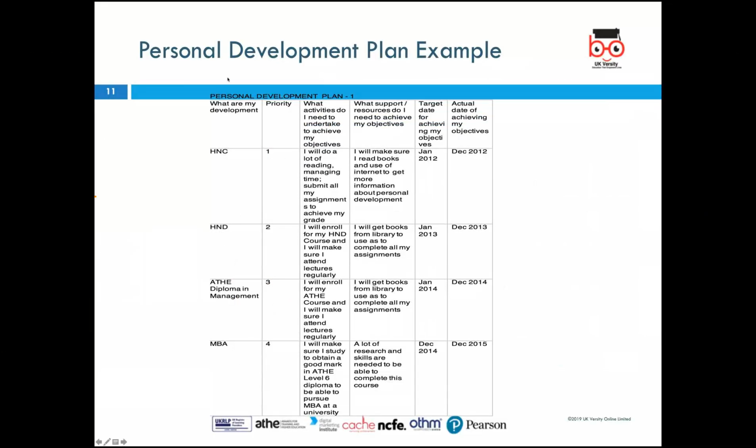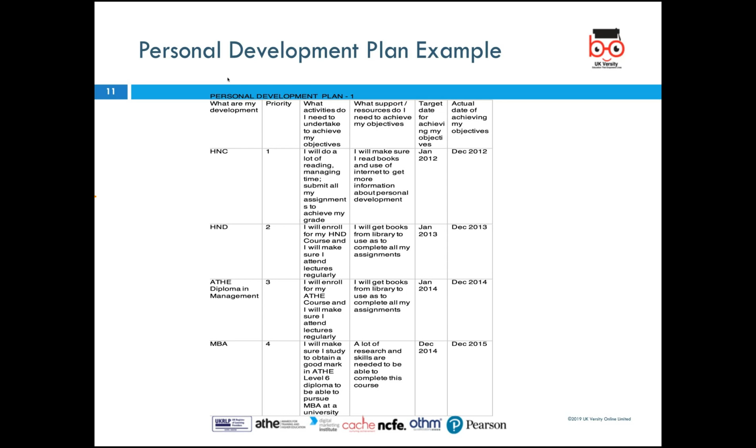So one of your targets is that you want to complete the level 3 diploma, isn't it? So how would you complete the level 3 diploma? You have to study for it. You have to study each of the individual units. You have to complete the assignments. Once the assignments are completed, you are able to get marks for it. And once, one by one, all the 4 units have been completed, then you would have completed the qualification.